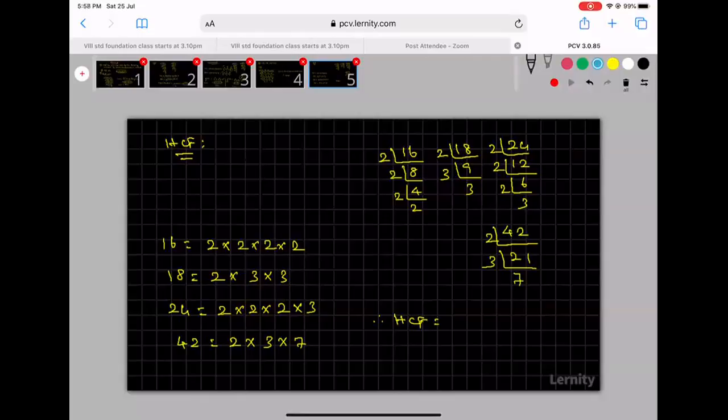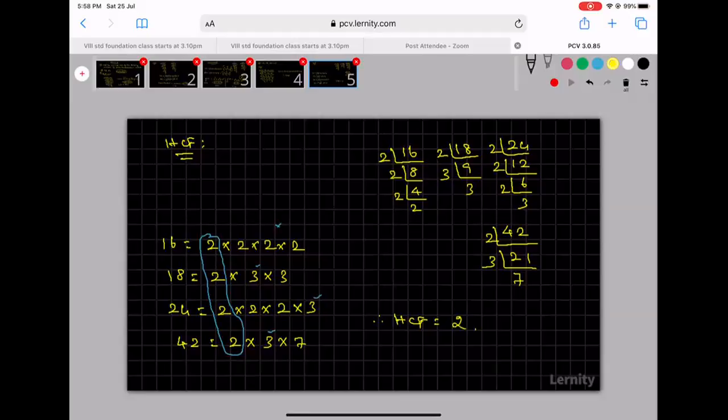Another 2 is there, but 18 and 42 have no second 2. And 3 is there in some, but not in all. Also only 42 has 7, but all the others do not. So the only possibility is HCF is 2.